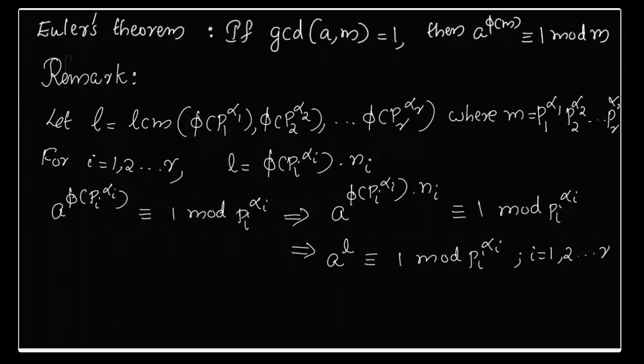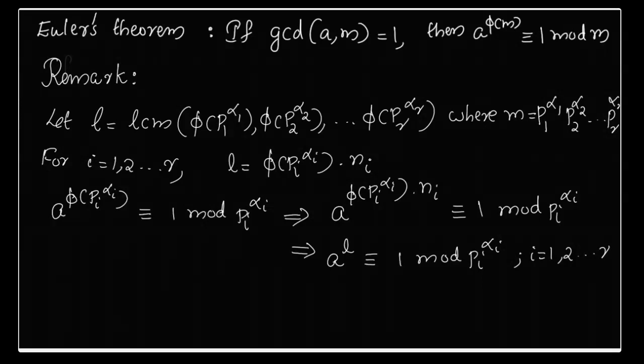So, A raised to L is congruent to 1 modulo P1 raised to alpha 1. It is also congruent to 1 modulo P2 raised to alpha 2, and so on. A raised to L will be congruent to 1 modulo PR raised to alpha r.